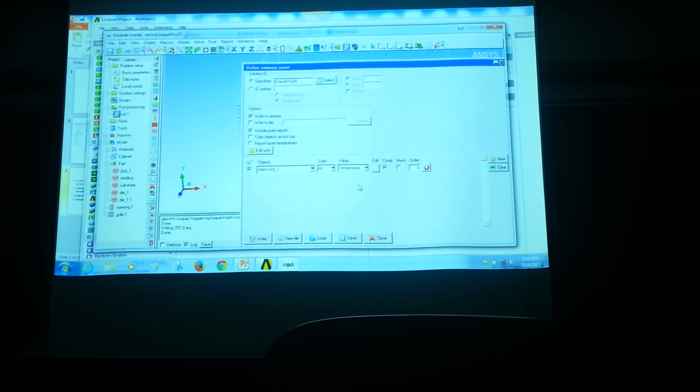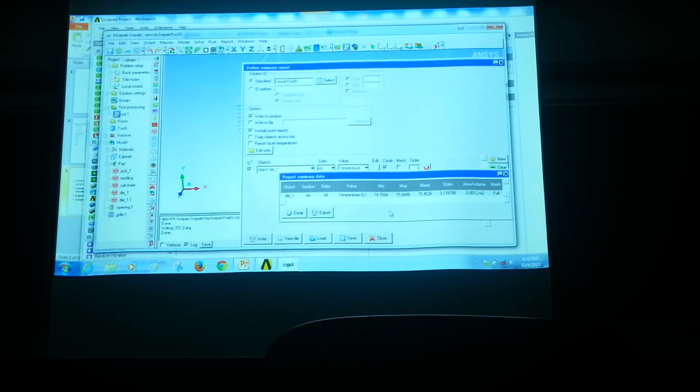Okay, perfect. So right here, for example, if we're looking at the die, this is going to find the average temperature of the die. That's really the best you can do. In this case, it's 75 degrees C.